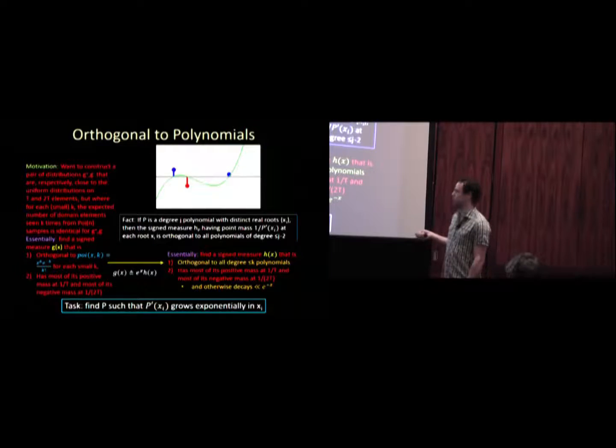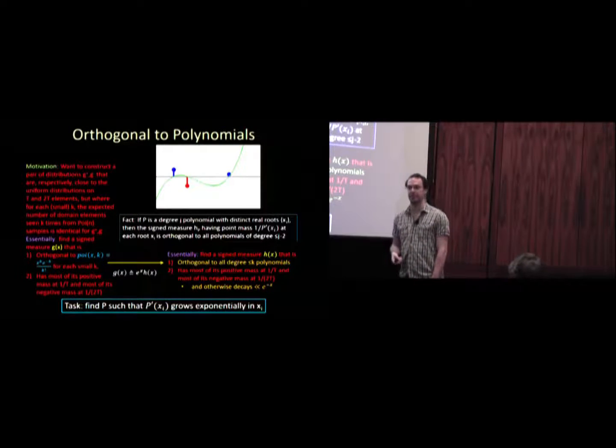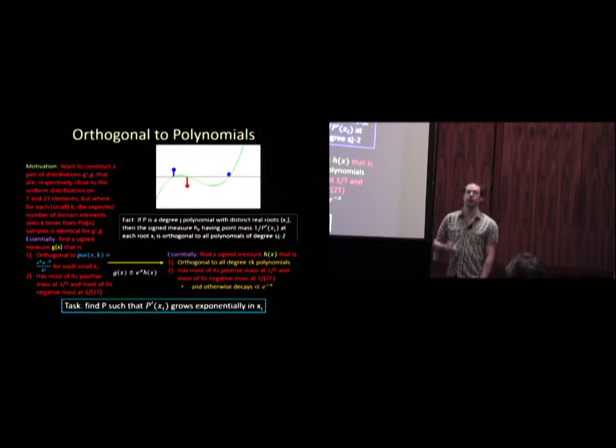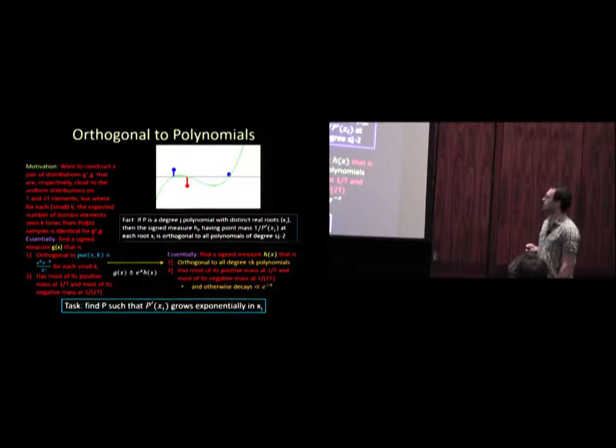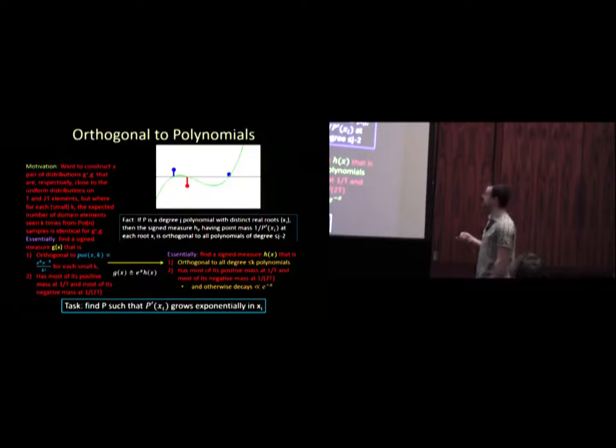Because our signed measure is going to be 1 over this derivative, we want our signed measure to decay at least exponentially fast. This means the derivative needs to grow exponentially fast. So we somehow need to get a polynomial that grows exponentially fast. Okay?